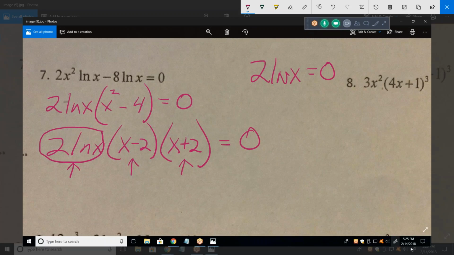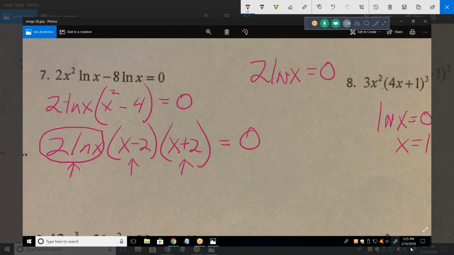You can't take the natural log of negative numbers, and you can't take the natural log of 0. But here, x has to be equal to 1. The log of 1 is always 0, no matter what its base is.